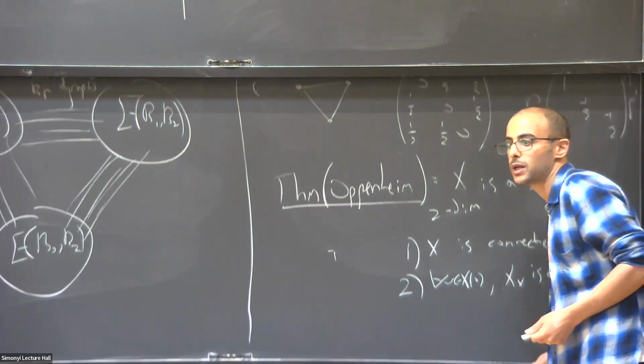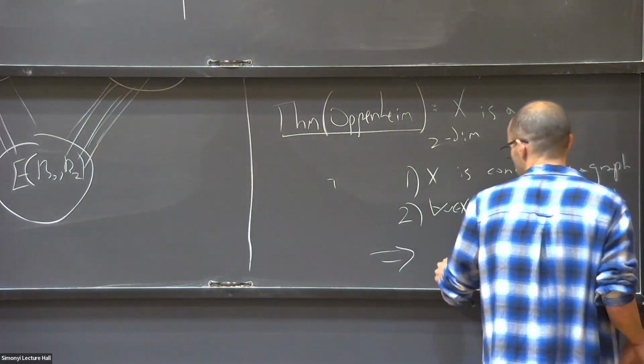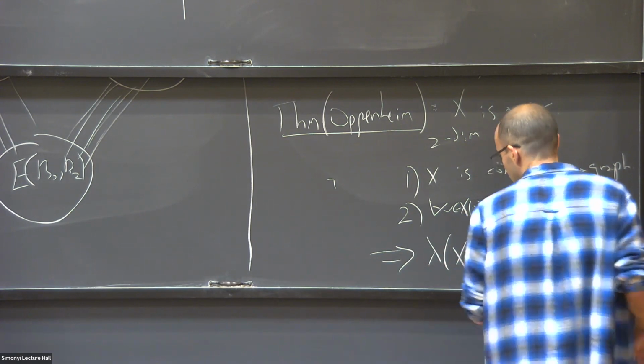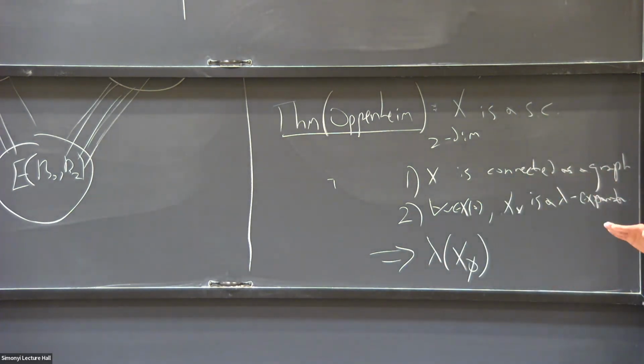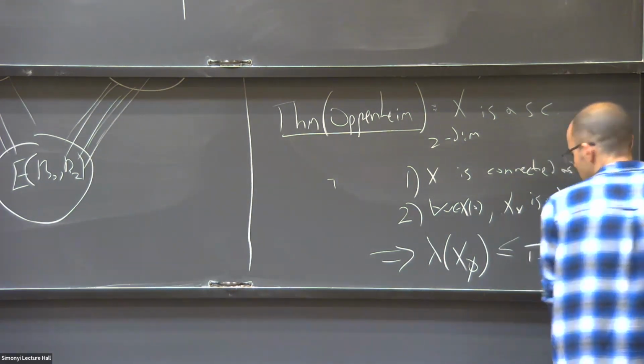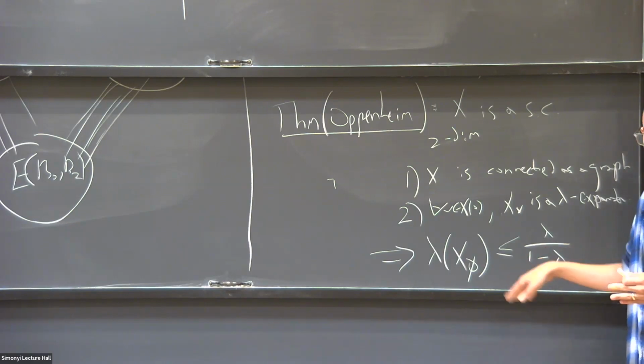Then the expansion trickles down to the whole complex. I'll write: lambda of the link of the empty set, or the expansion of the underlying graph, is at most lambda over 1 minus lambda. This is one-sided. For the two-sided, you can get the same thing.